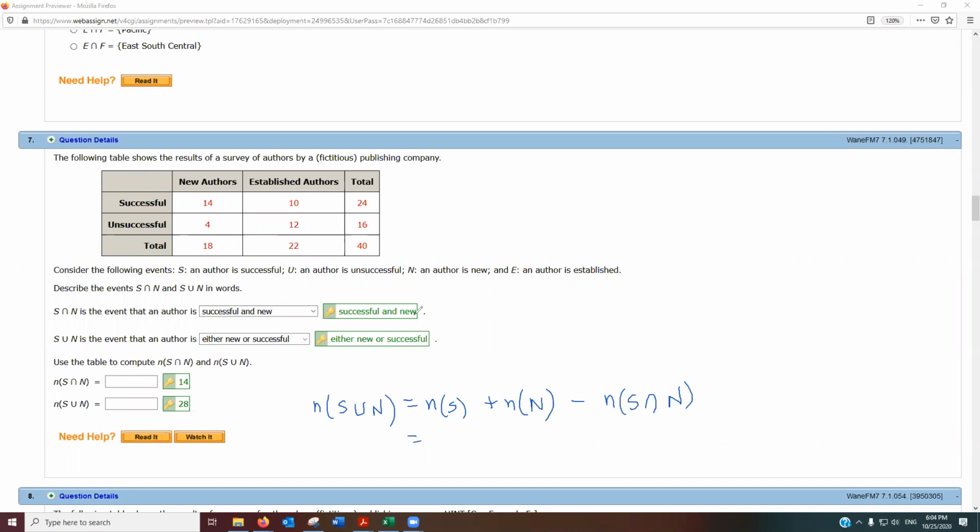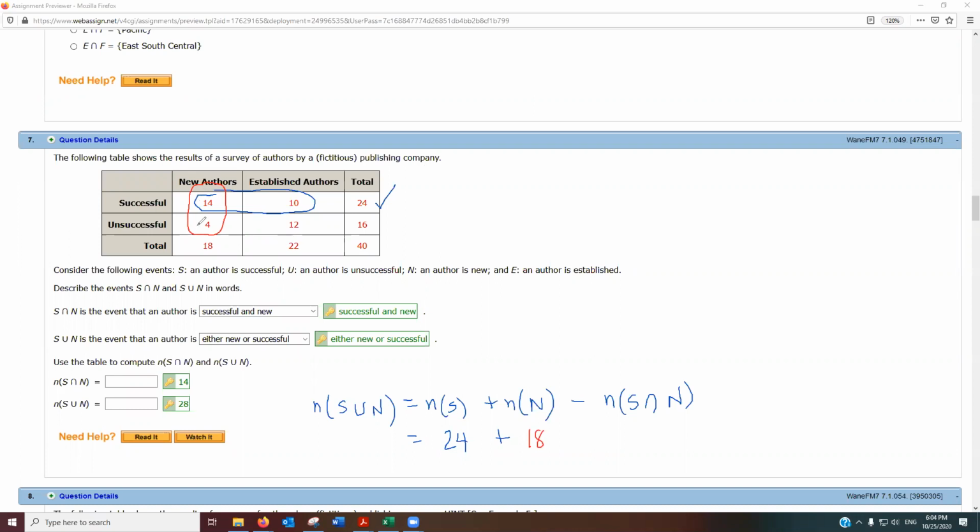All right, let's figure out the number of successful. Well, the number of successful is really this row. All of these authors are successful. So that's 24. What about the number of new? Well, the number of new are all the authors in this column. These are all the new authors. Well, that's 18. But notice how I just double counted 14.